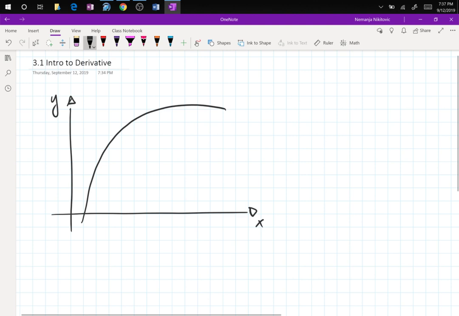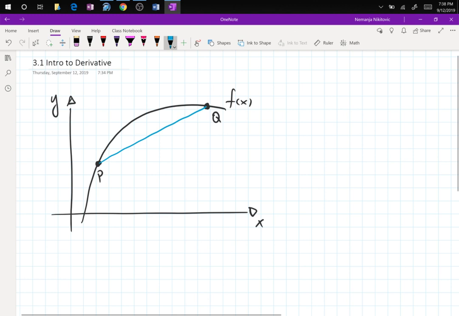So we have a function f of x, and we are going to have 2 points, point P and point Q. The way to measure the change between points P and Q is to connect those 2 points with a linear line segment PQ, and that line is called the secant line.